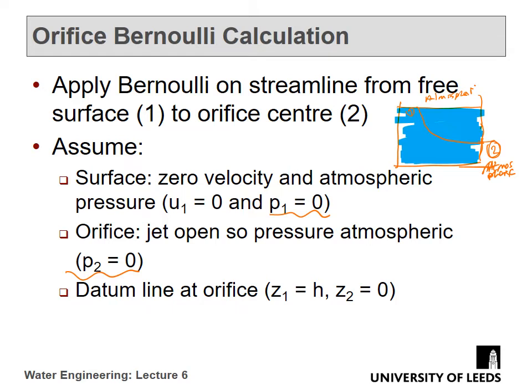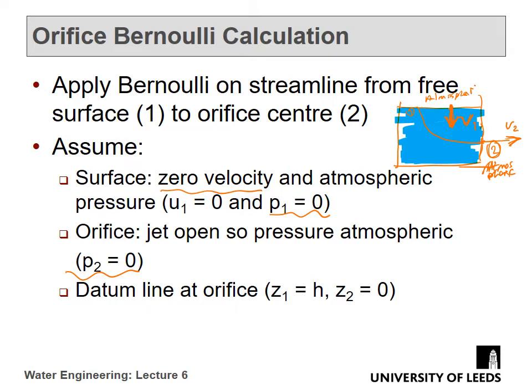I've also said here that we've got a 0 velocity. Why is this 0 velocity? Well, let's think about what's happening here. This is moving down with a certain velocity. That's going to be very slow compared to the velocity coming out here, V2. This is V1.